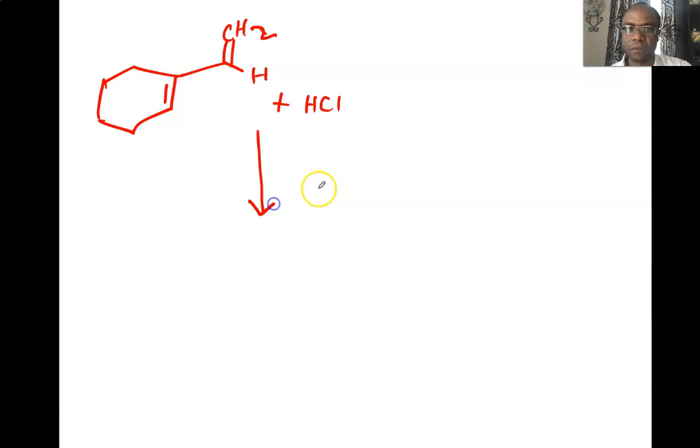Draw the 2 possible products and tell me who will dominate. So again, I see that the double bond down here is bonded to 3 R groups. Going this way is taken as an R, going that one as an R, going this one as an R. So this double bond right here is trisubstituted.